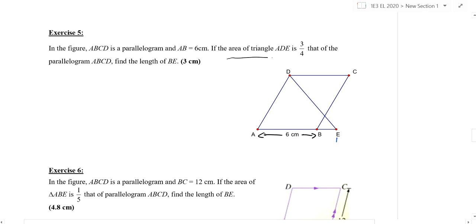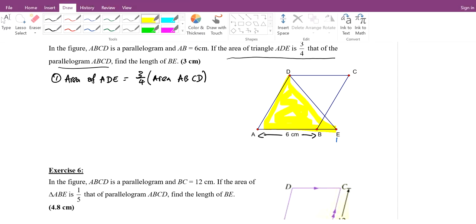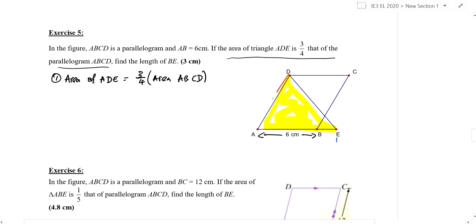The area of triangle ADE is 3/4 that of the parallelogram ABCD. So first, area of ADE is 3/4 area of ABCD. Let me highlight the triangle in yellow, and the parallelogram I will outline in red.